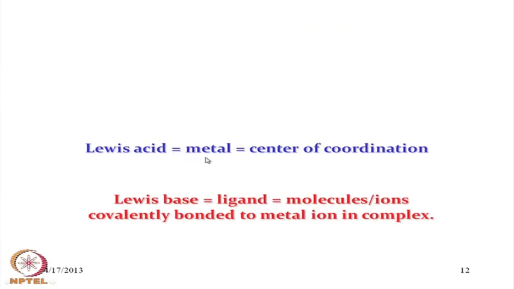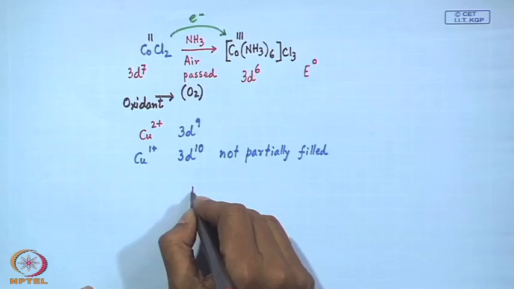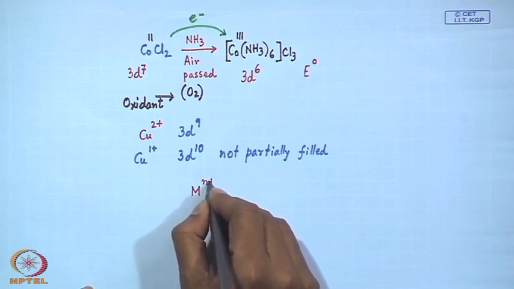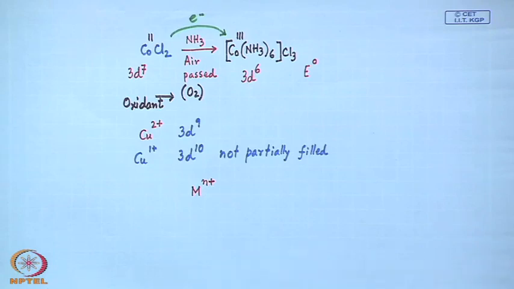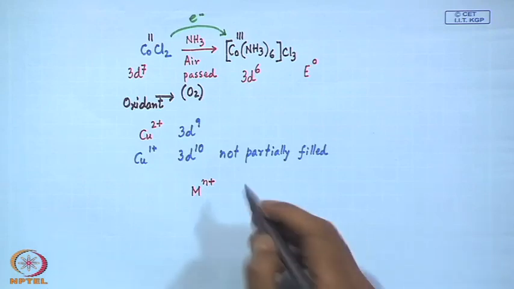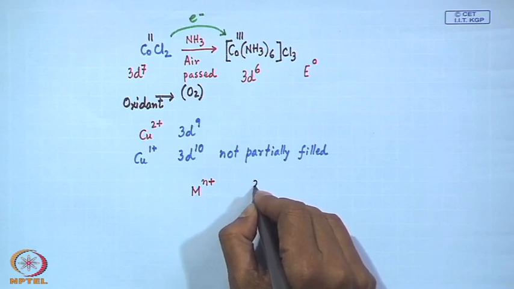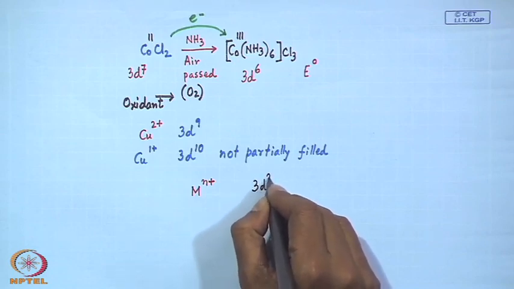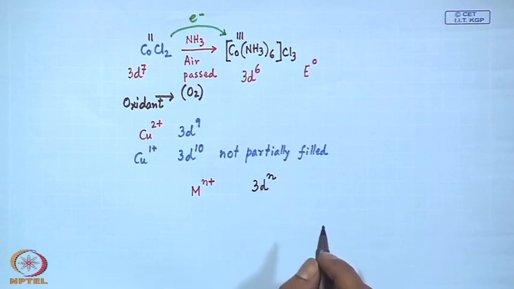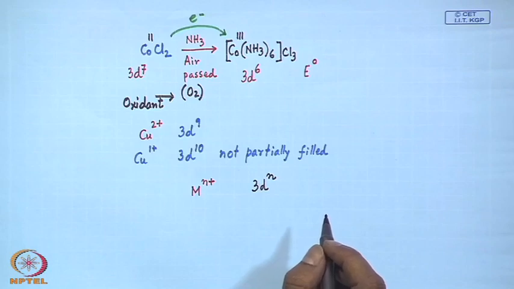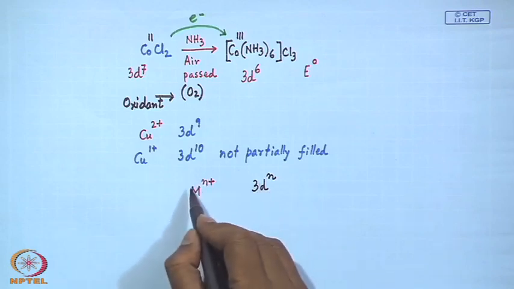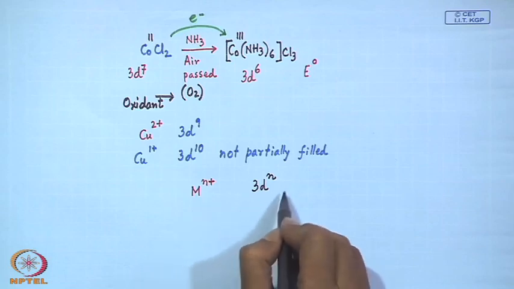So, during the formation of these corresponding complexes, if we consider the Lewis acid as the metal center, which is our center of coordination, if we have Mn+ and it can have at least one unpaired electron or few unpaired electrons, and if it belongs to the first transition series with an electronic configuration of say 3dn, and it is already having some positive charge in it, it is basically electron greedy.